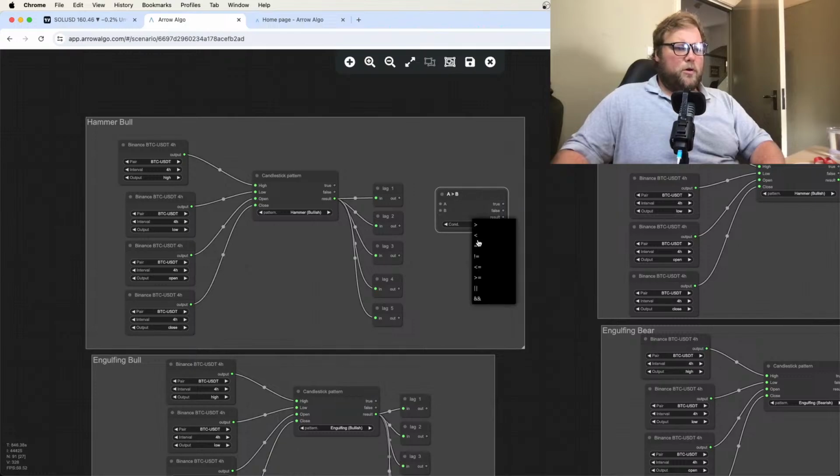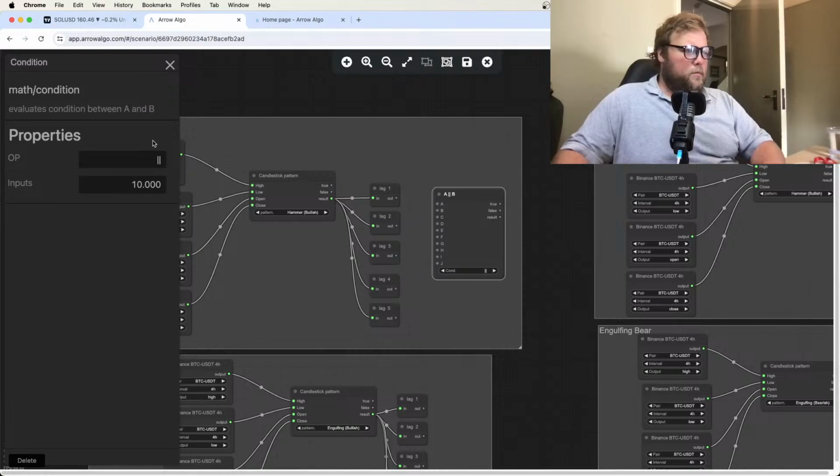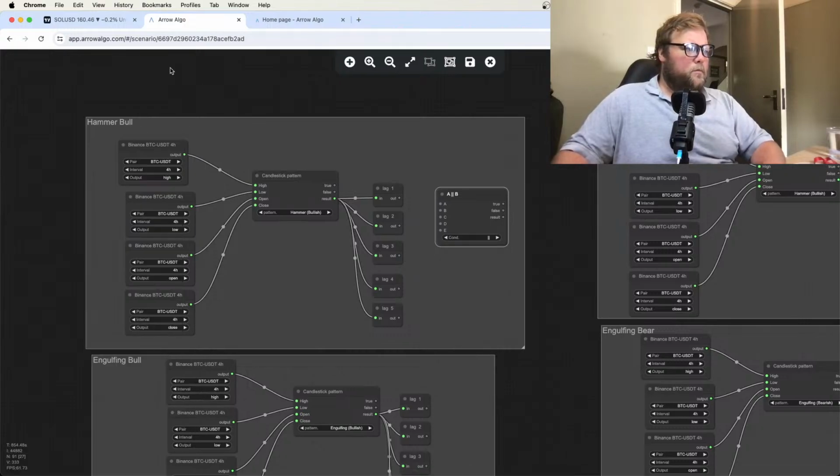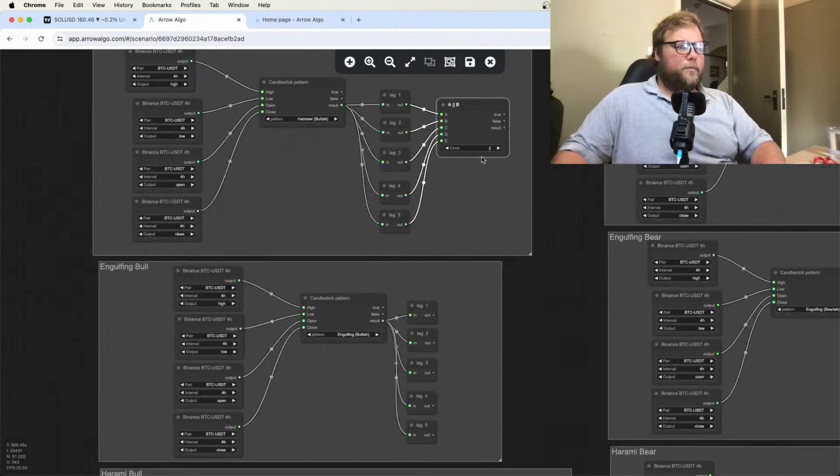And this condition block is going to be an OR block. So if any of these conditions are met, any of these 5 lag blocks shown to be one of these candles, then this will trigger this OR block.